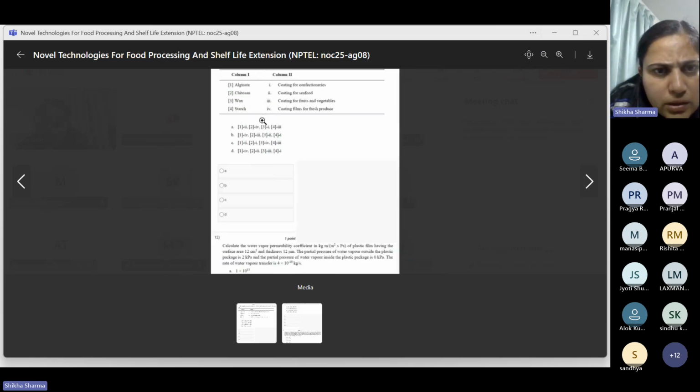Alginate, chitosan, wax, starch. Coating films for fresh produce, coating for fruits and vegetables, coating for seafoods, and coating for confectionaries.